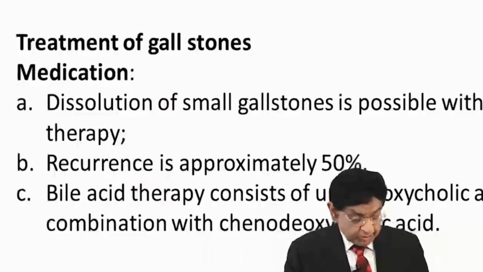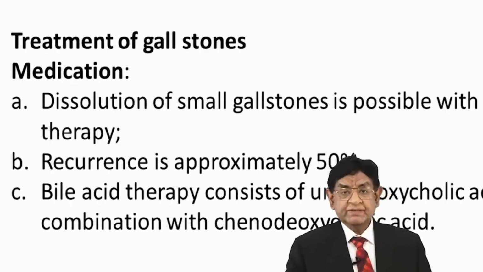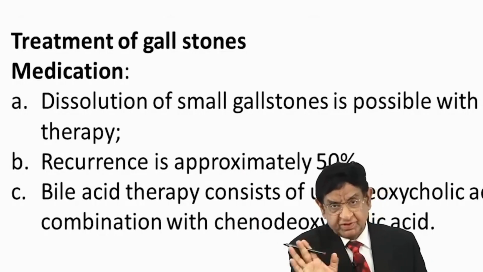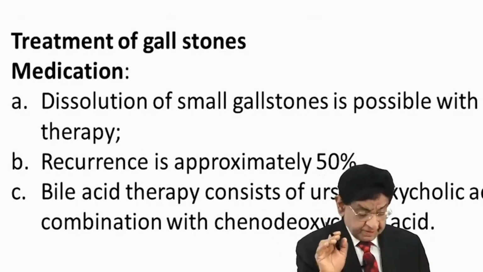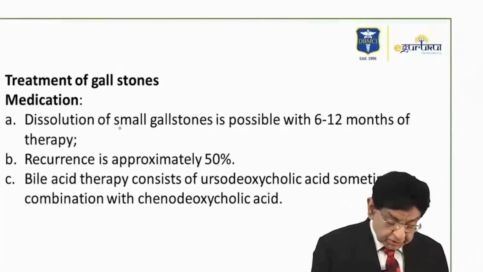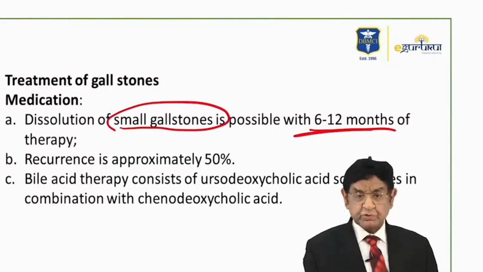So now, how to treat a case of gallstones? First of all, in the beginning, they do try for medical therapy, but it is not very successful. We can try to dissolve small gallstones, but that takes about 6 to 12 months.